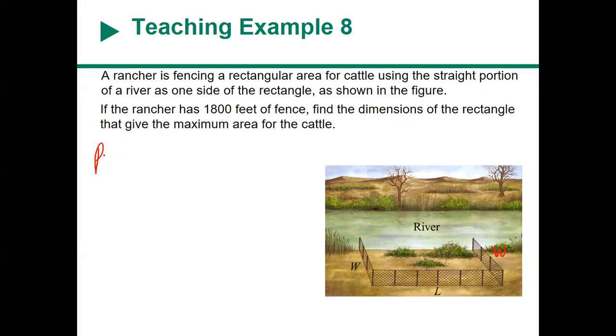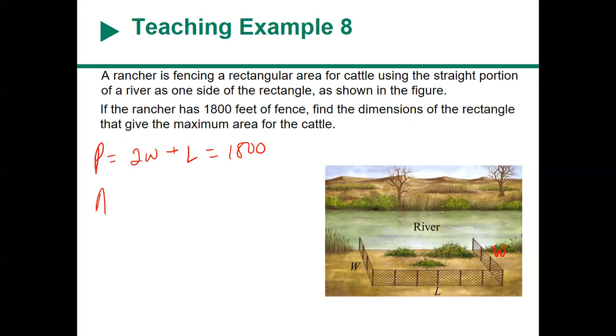So we know that the perimeter equals 2W plus 1L equals 1,800. Are we in agreement with that? Okay, so with that in mind, he wants to know what are the possible area.